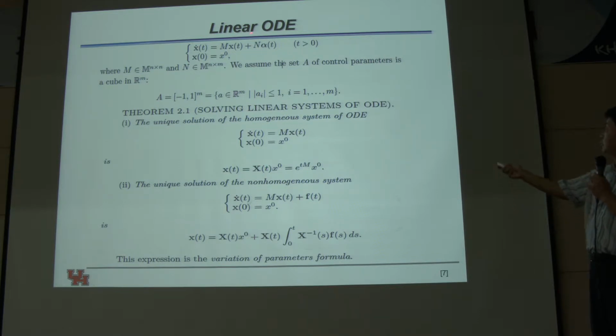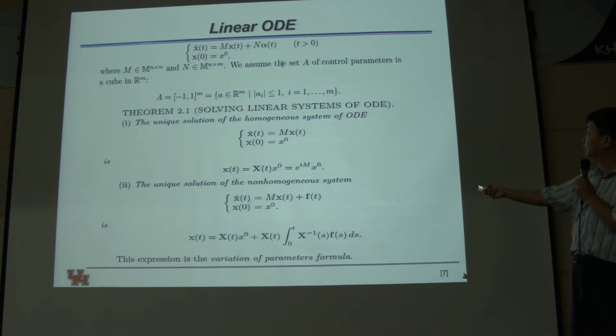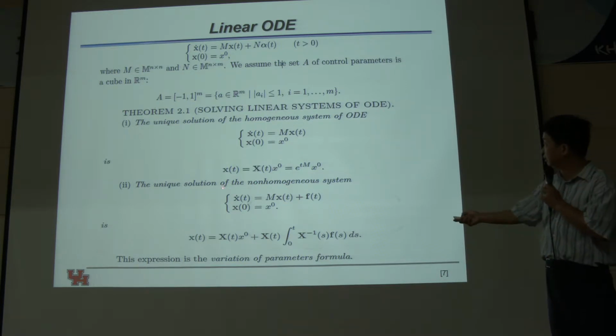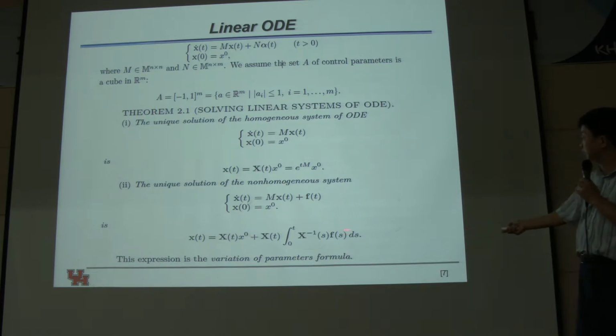Suppose we don't have control. Then it's a free-run system. So the solution will become, over time t, the exponential of the matrix. Either it's only going down or it's only going up. And then if you have the control f(t), the solution will look like this.